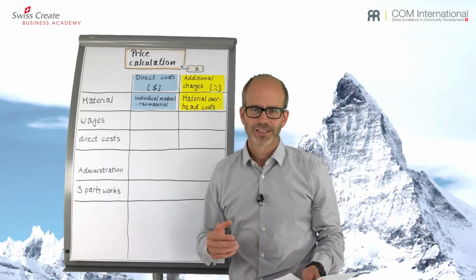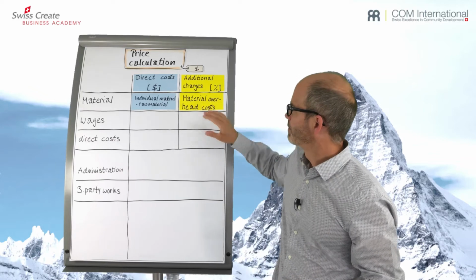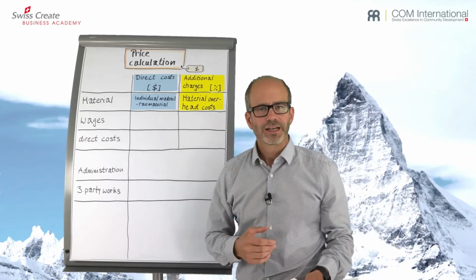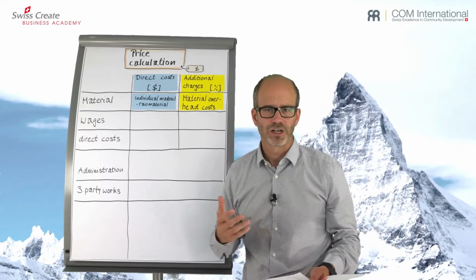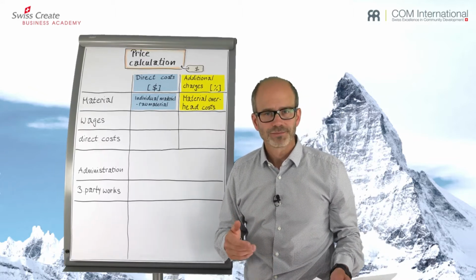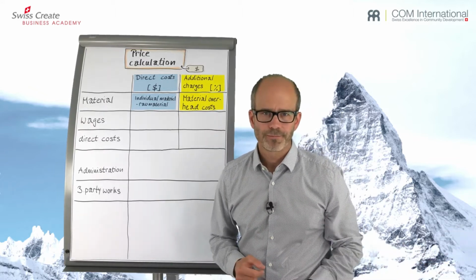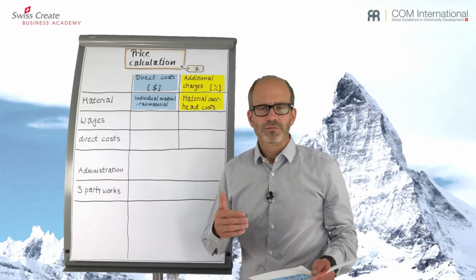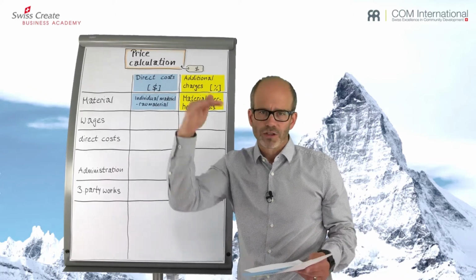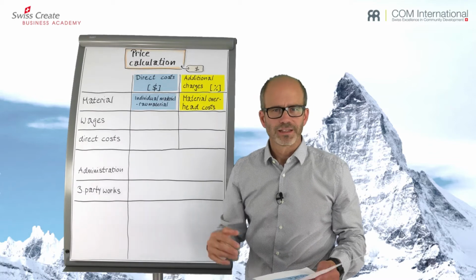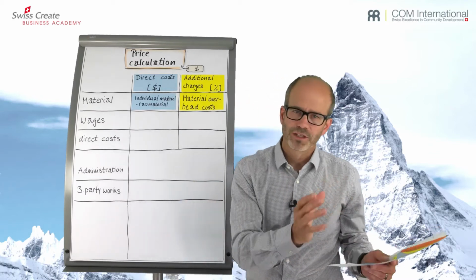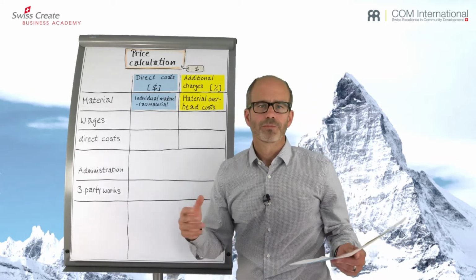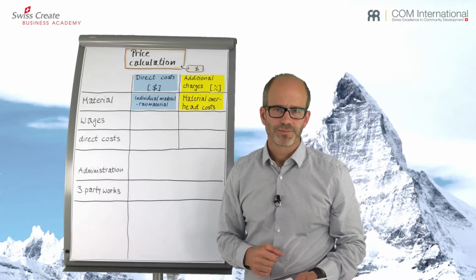Something which is not directly visible as material, and here you can work with a percentage, with a charge. How much is it? It depends on the company. You should calculate or add all these costs and then have a look at what is the relation between raw material and this help material.